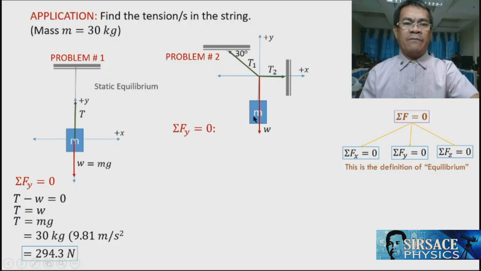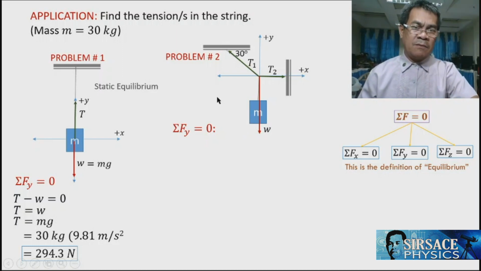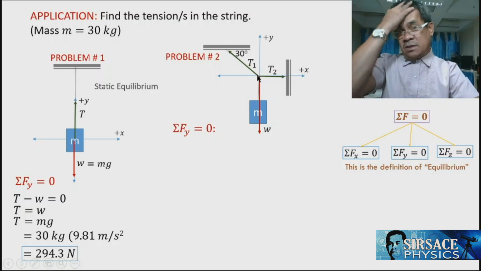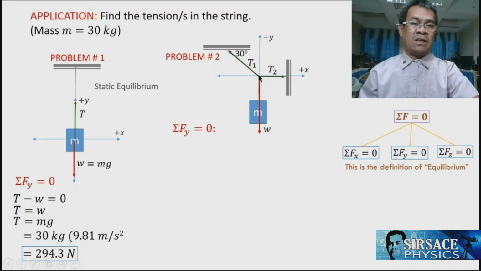What are the forces along y? Look at the free body diagram. By the way, this is a free body diagram because these are the forces that act on this point, the intersection of the strings. A free body diagram is a diagram showing all forces acting on an object.